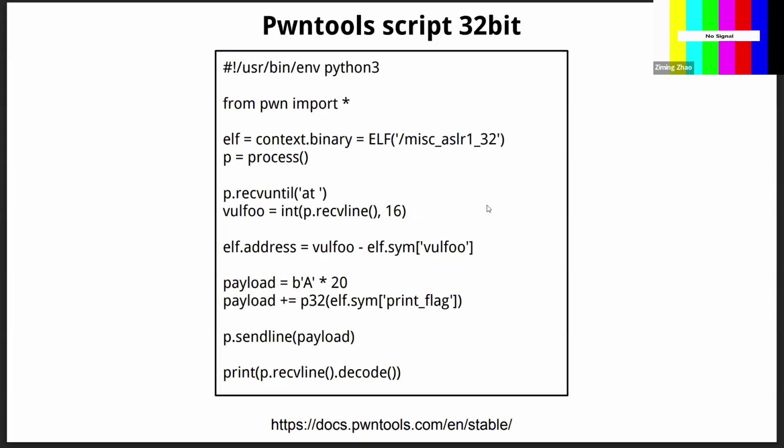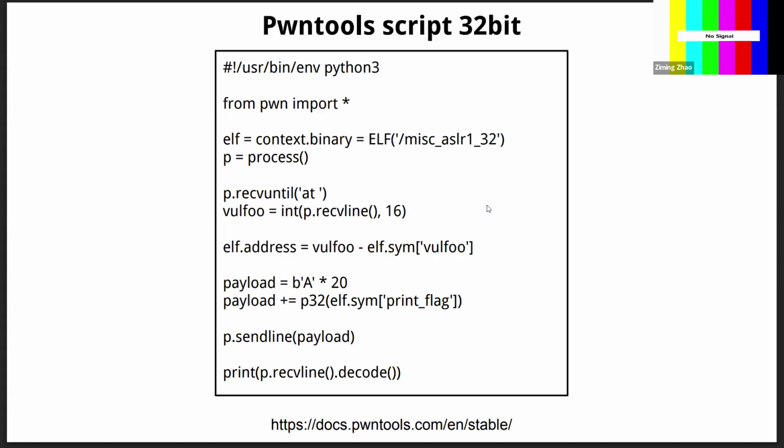This part is the runtime address of val_foo. Okay? Runtime address minus offset, what do we get? Yes, we get the base address for maybe the whole elf. Okay, we get the base address.